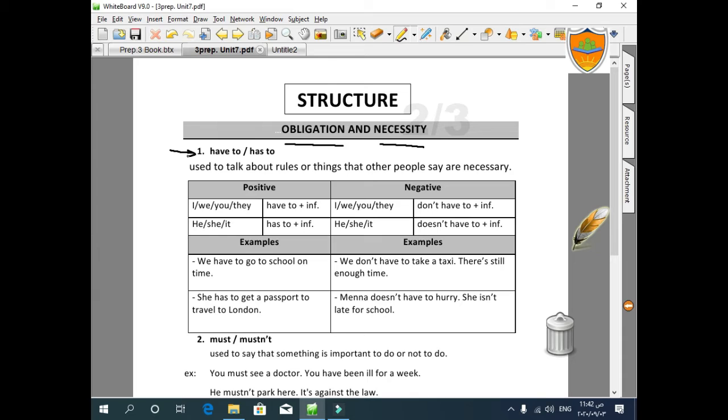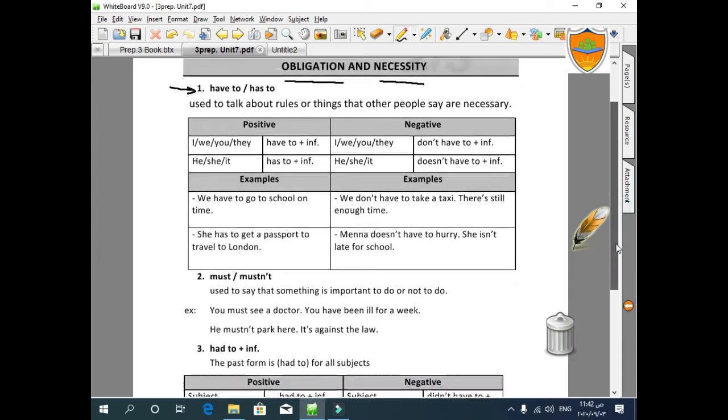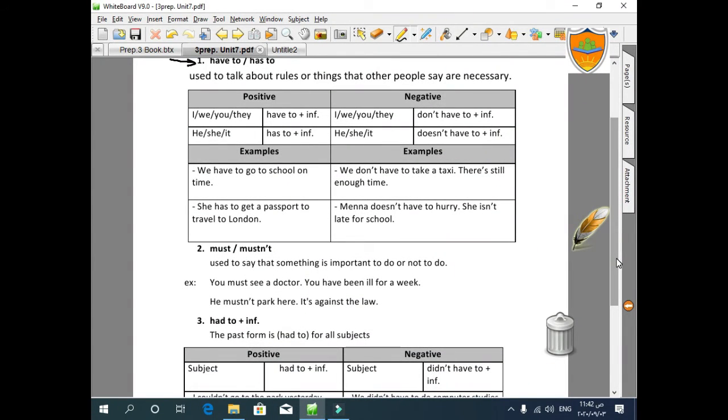This form is used to talk about rules or things that other people say are necessary. I made a table here and divided it into positive form and negative form. In the positive form, we use have or has to.